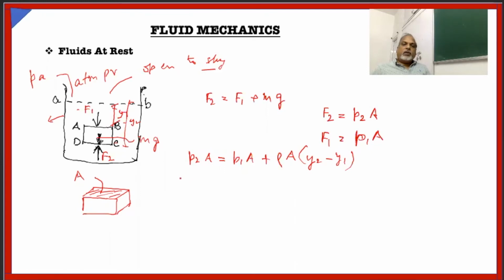So that means P2, pressure at DC, is nothing but pressure at AB plus rho g (Y2 minus Y1).